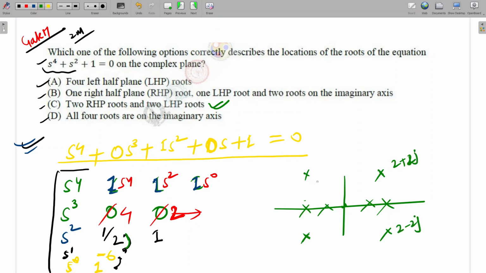Here it will come, and here minus 2 minus 2j. So that will be symmetrical with respect to origin. Is it clear? So this is a 2 marks question. See, in 1 minute we can solve this kind of question.